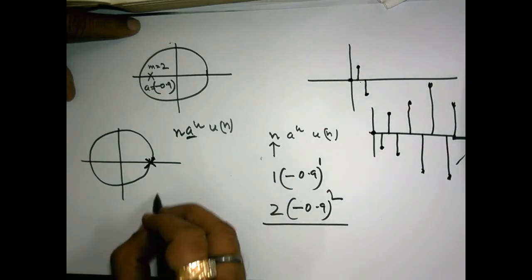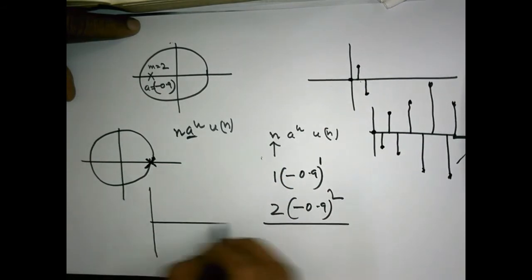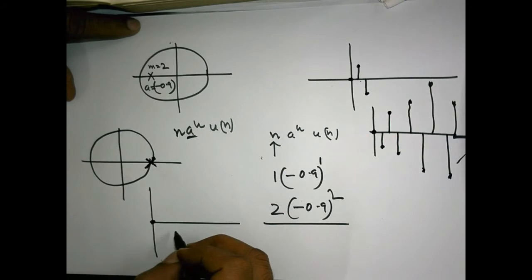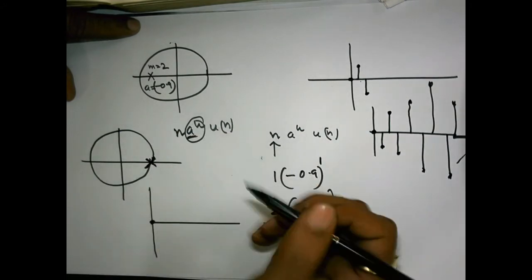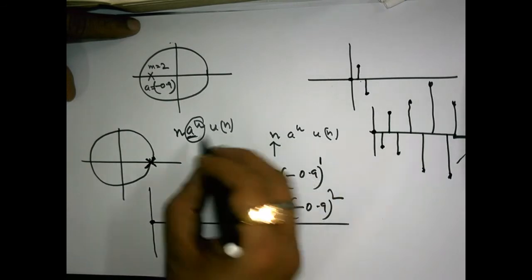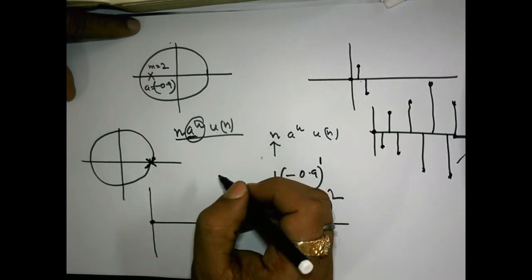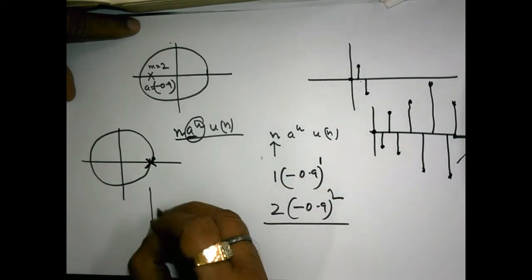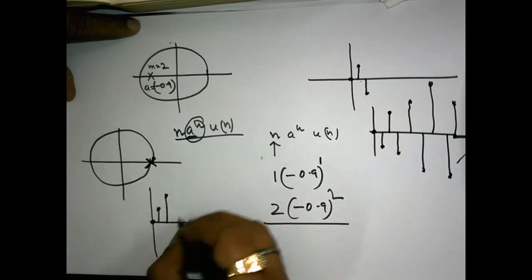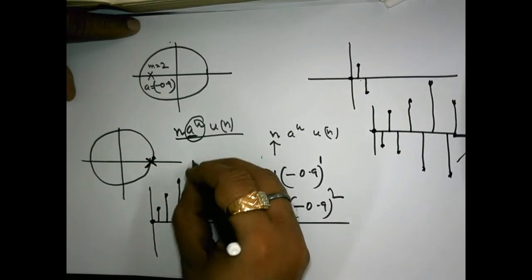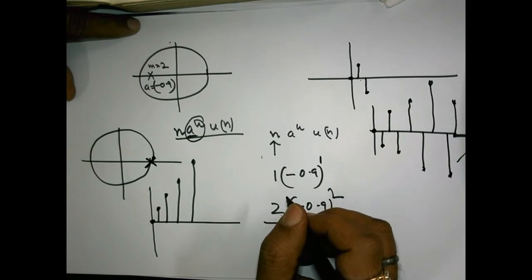What will be the corresponding shape of the signal? The origin sample is 0, and 1 to the power n can be left out, so the signal is simply n u[n]. The samples will be 1, 2, 3, like this. So this signal is also a growing signal.